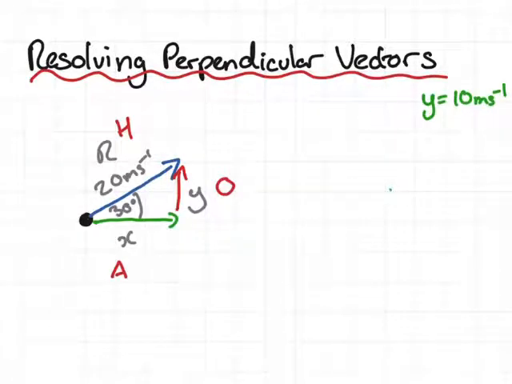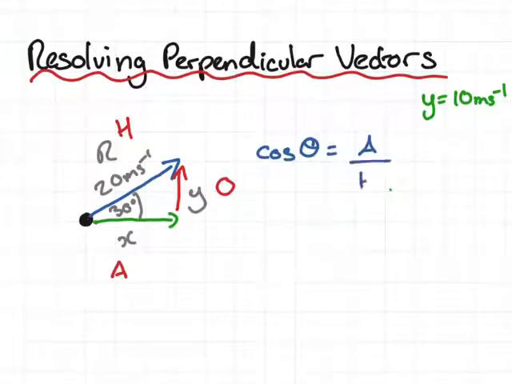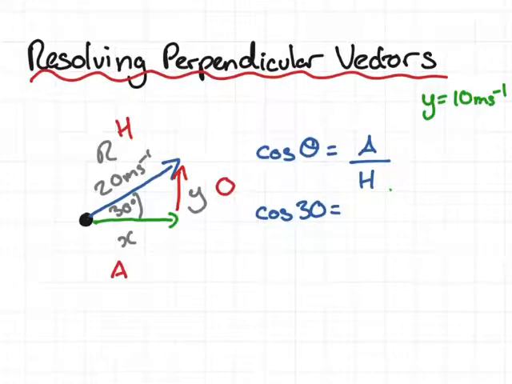If we're resolving the x component, again, we know the hypotenuse and we know the angle. So for this one, if we're using x as the adjacent, we should be able to use the cosine rule to work this one out. So cosine theta equals adjacent divided by hypotenuse, and then substitute what I know, so cosine 30 equals my adjacent, which is basically the x component, divided by the hypotenuse, which is 20.